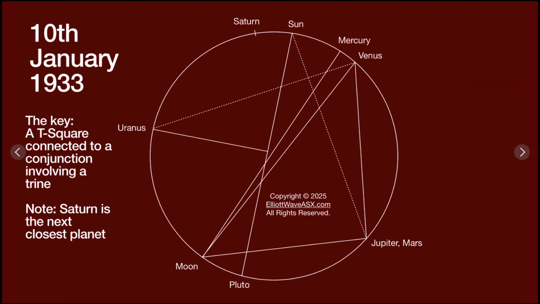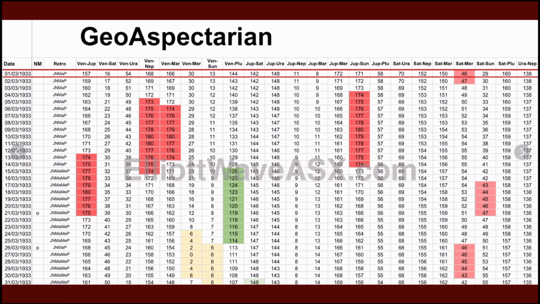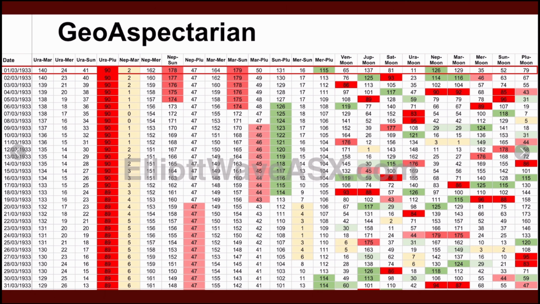So if we have a look at the aspects for the low on the 1st of March 1933, we don't have any here, so if I scroll to the right, we have Uranus-Pluto square, Neptune-Mars conjunct, Neptune-Sun opposite, Mars-Sun opposite, Mercury-Pluto in a trine, and Neptune-Moon also in a trine.